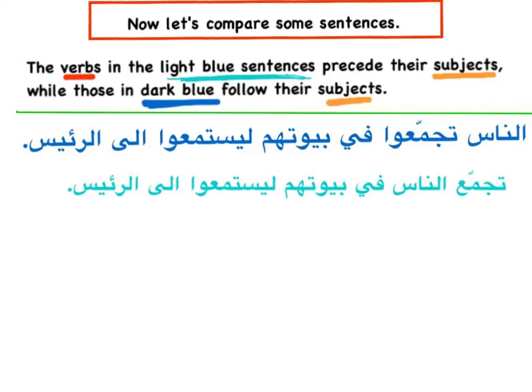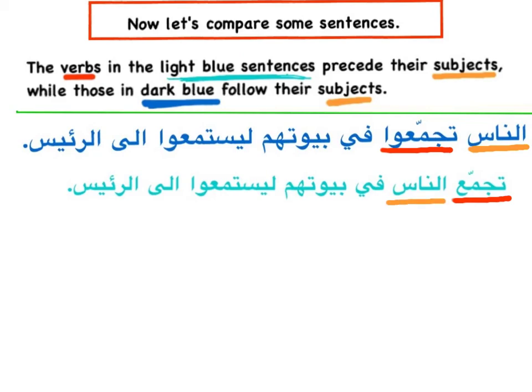So الناس تجمعوا في بيوتهم ليستمعوا إلى الرئيس. Here الناس are the subjects and the verb is تجمعوا, and here we have تجمع, the verb, and الناس is the subject.